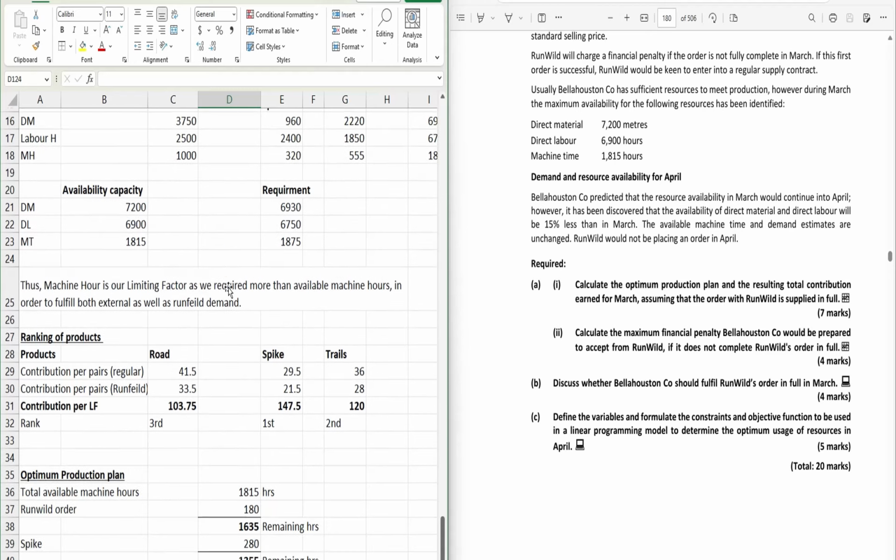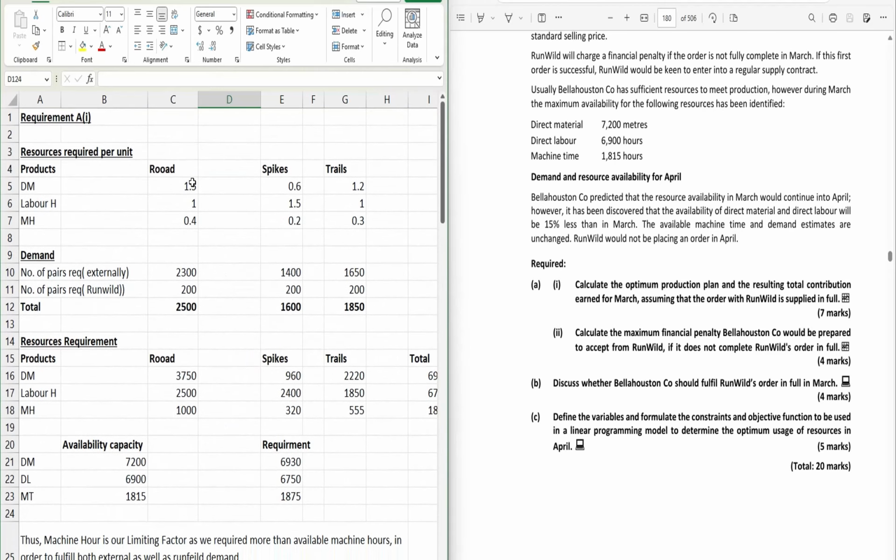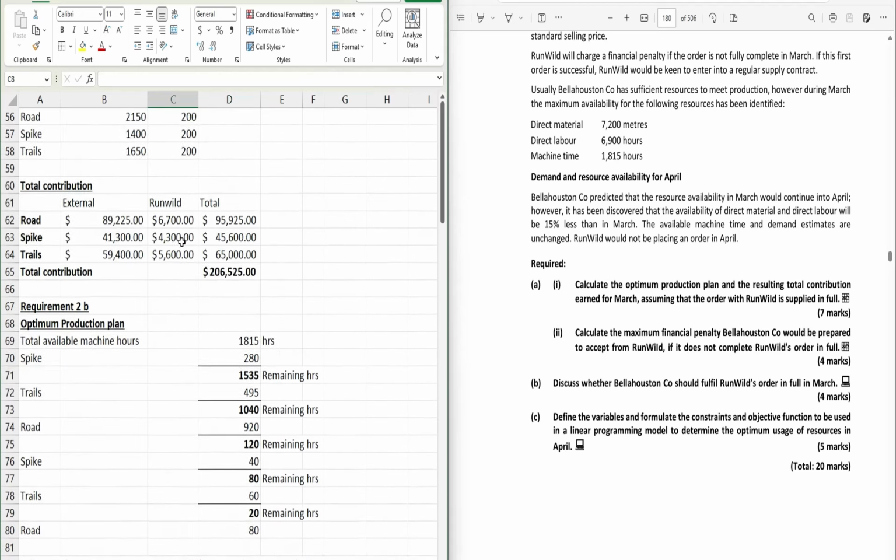You can see in the first column we have 1.5, 0.6 and 1.2. So we will add 1.5R plus 0.6S plus 1.2T. Similarly for the labor, 1R plus 1.5S and 1T. Then 0.4R plus 0.2S plus 0.3T. So this is for the machine hours.